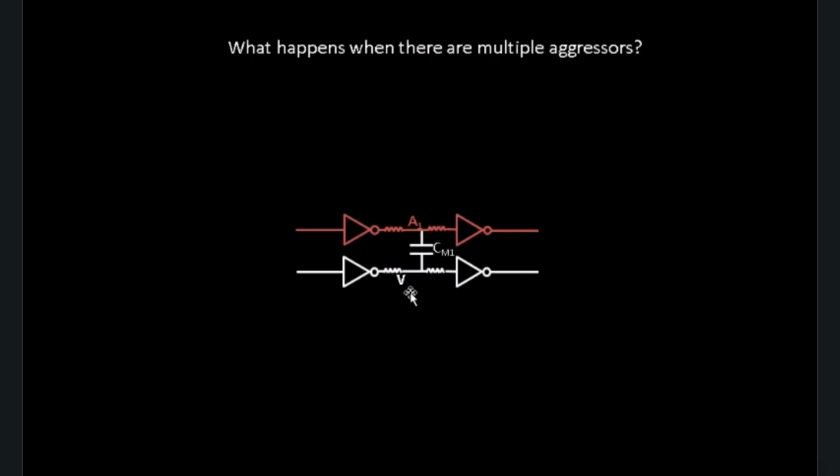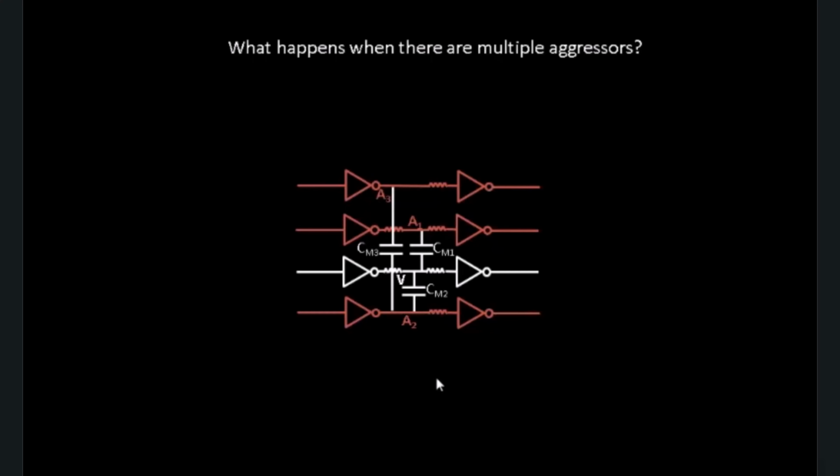Let's call it CM1. Now let's say this design is very congested, and there is one more aggressor sitting very close to this victim. Let's call that aggressor A2, and the coupling capacitance between A2 and V, let's call it CM2. Okay, so this design is even more heavily congested, and we see even more aggressors. Let's say we see one more aggressor A3.